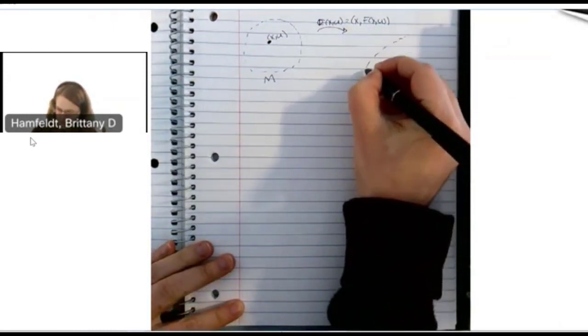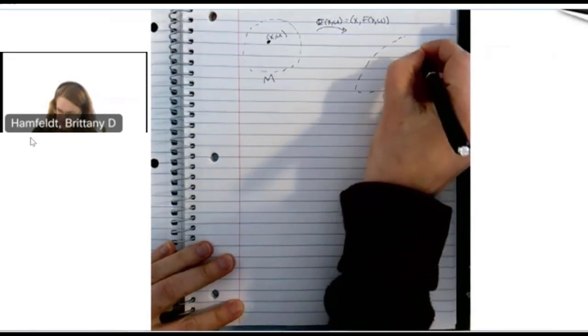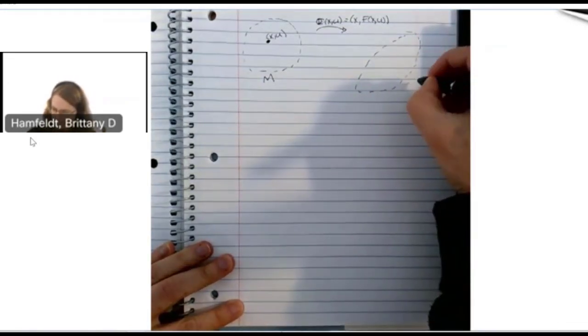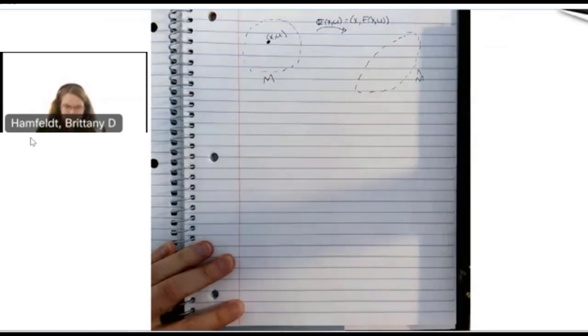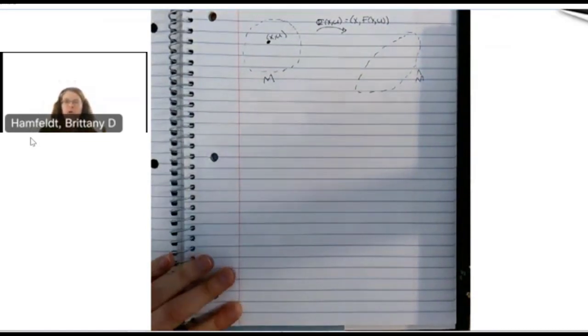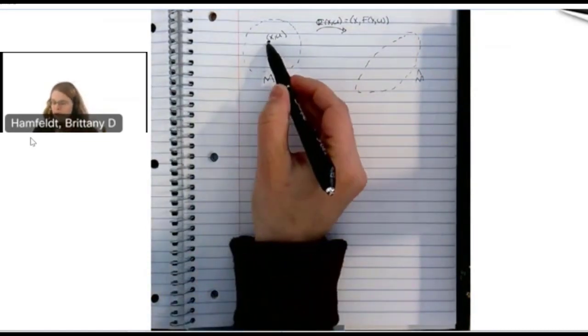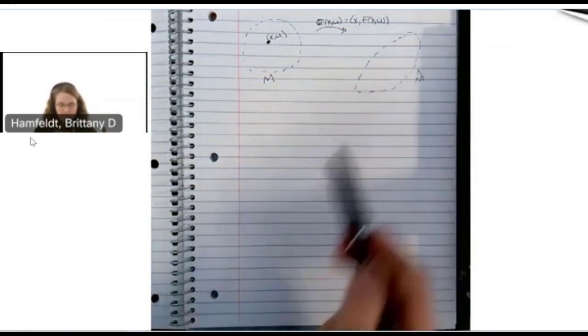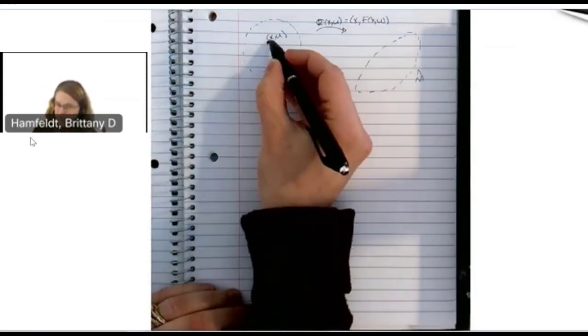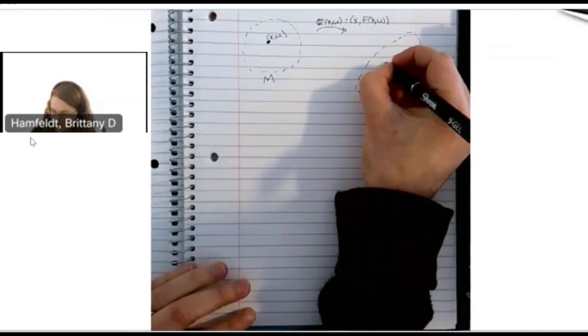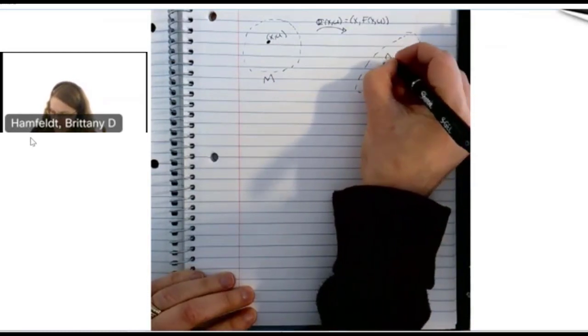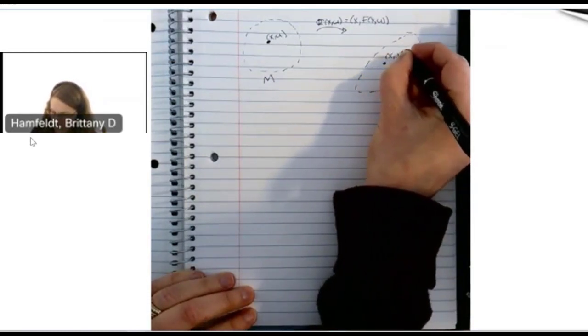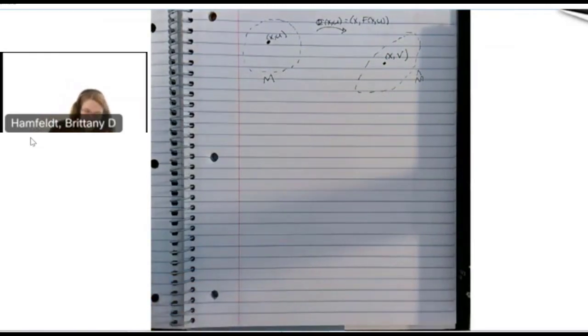Okay, so we'll have some new open set that I'll call M hat. And where do the points here map? Well, again, we have n plus m components. The first components are going to be X again. And then the last components are going to be something that I'll call V.